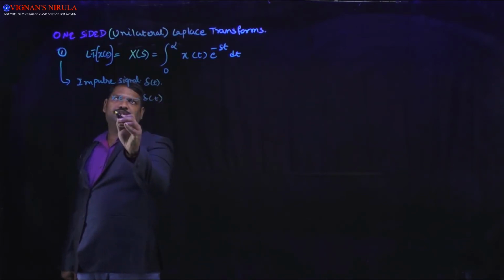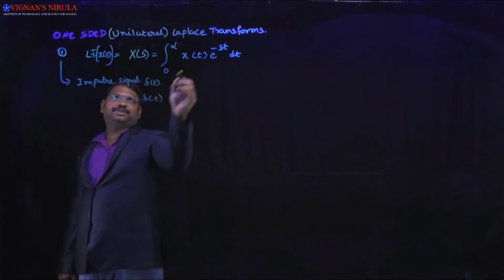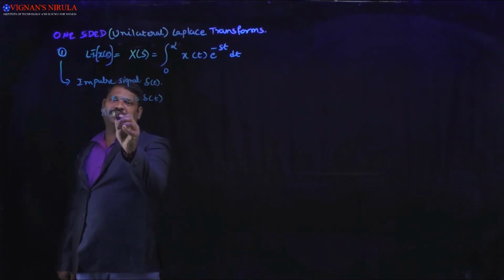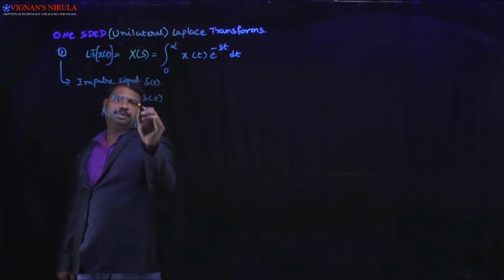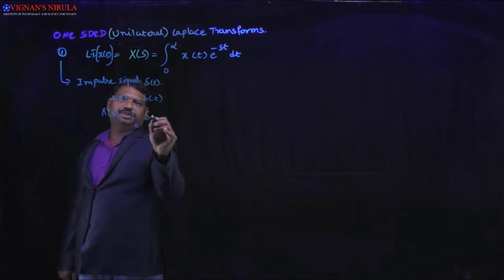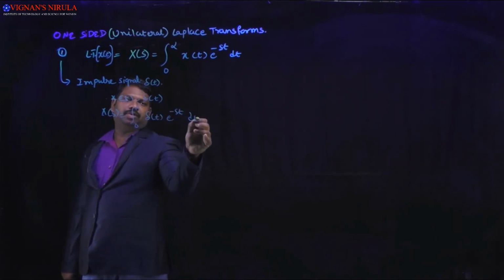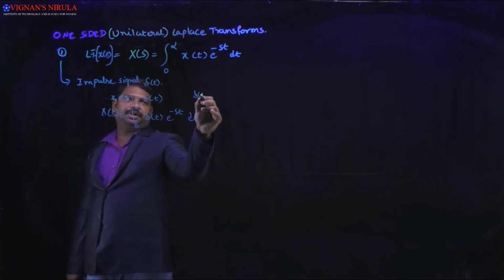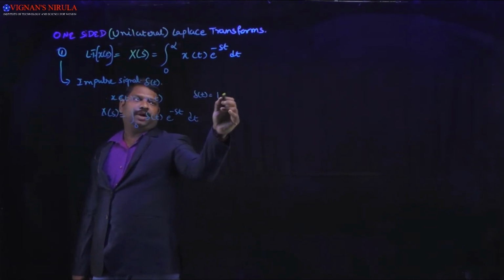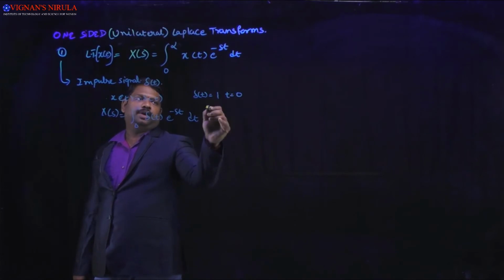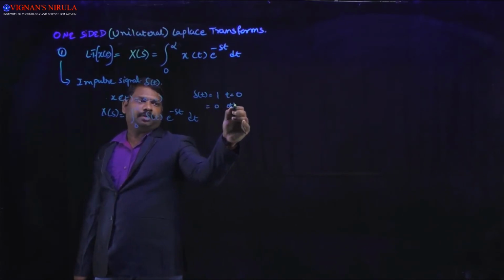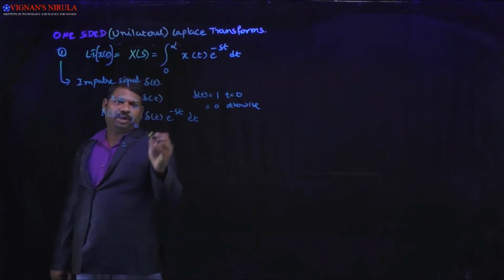Then the Laplace transform of x of t, that is X of s, is equal to the integral from 0 to infinity of delta of t e power minus st dt. As delta of t is defined as 1 for t equal to 0 and 0 otherwise, that's why this value will be 1.